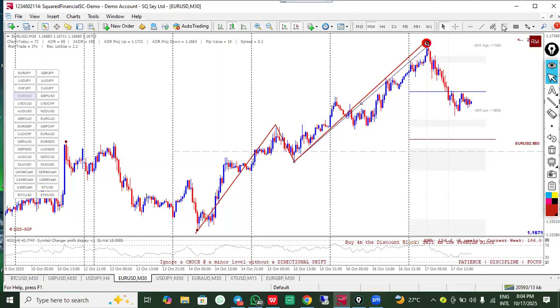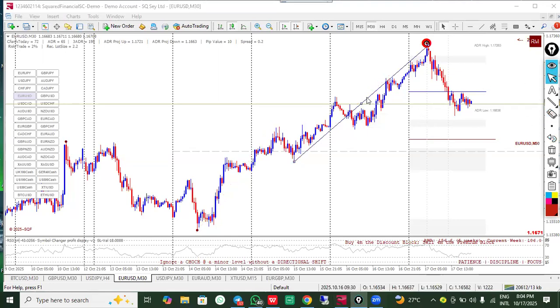So this is the midpoint of B to C. Remember that I said the best thing is to find a buy below the midpoint of your BC leg. So you can see that this is the midpoint of the BC leg and the market is struggling around here, but I am interested in finding a buy within what we call my discount.